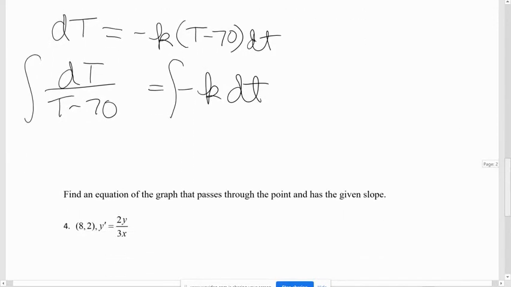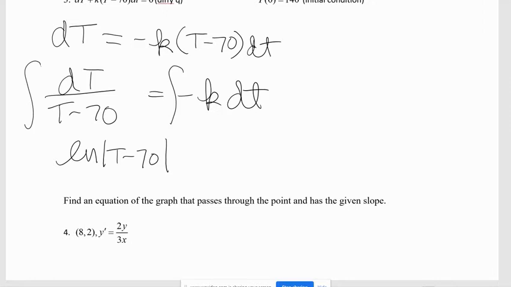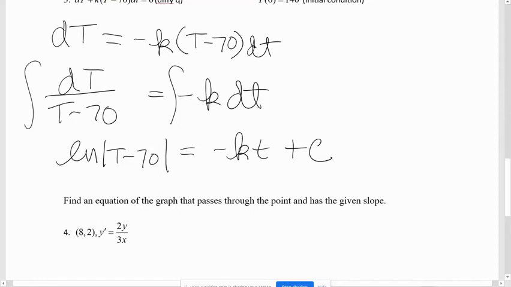This would be the natural log of the absolute value of T minus 70. I would technically need to do u-substitution, but the derivative of T minus 70 is 1, so it's not going to come into play. This side would be negative kt plus a constant.